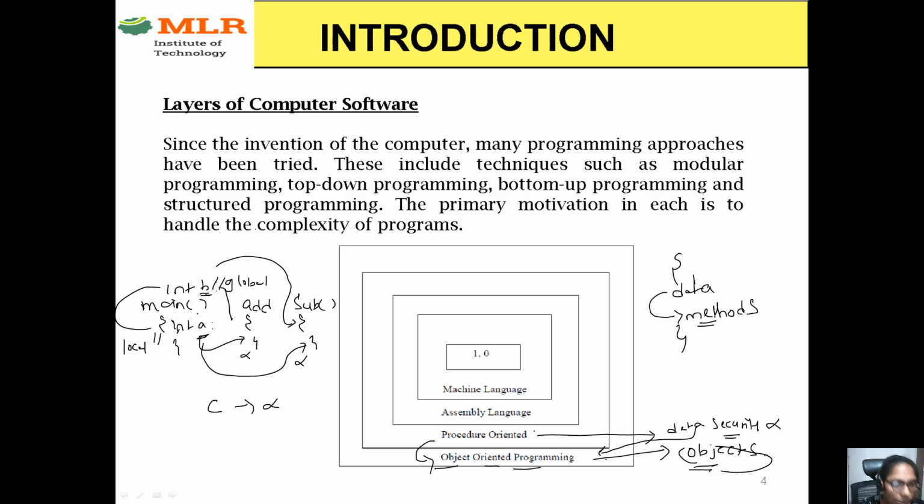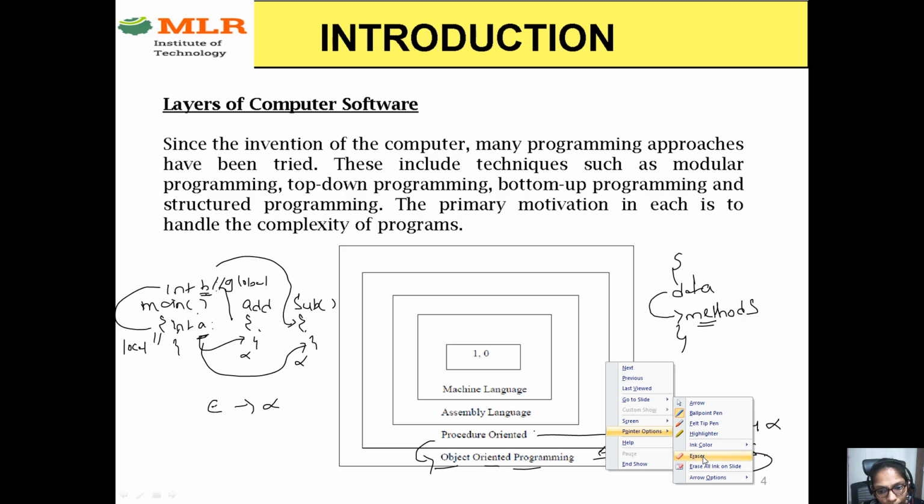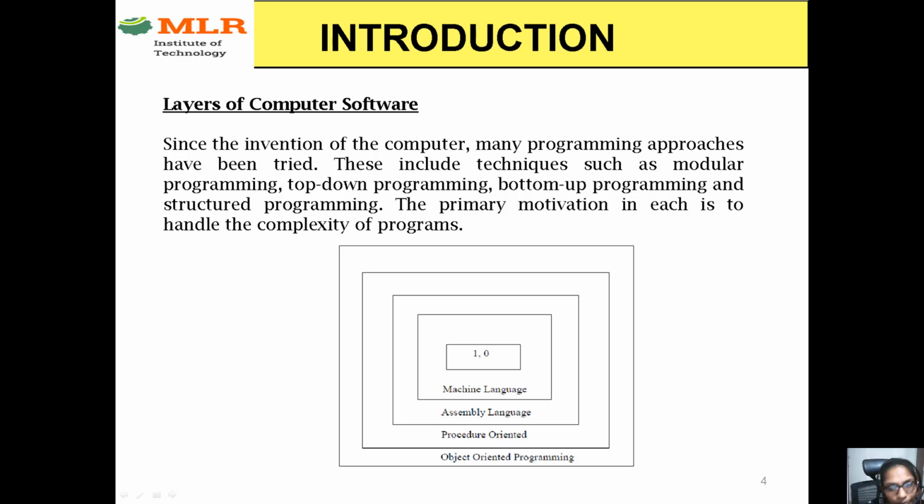As we discussed, if I want to share my C data only with add and sub, what I will do is write item C, then write the add method, then the sub method within this class itself.